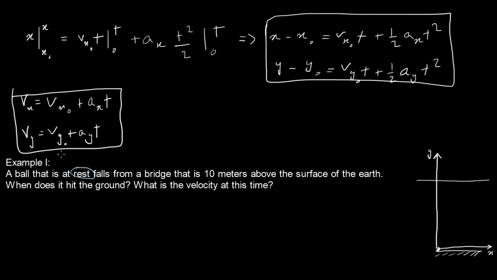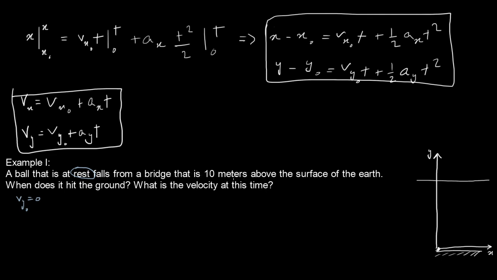And we need to solve y components here, because the object will be moving only in the y direction. So object is at rest means vy naught is 0, although vx naught and vz naught are also 0, but this is the one that is important to us.